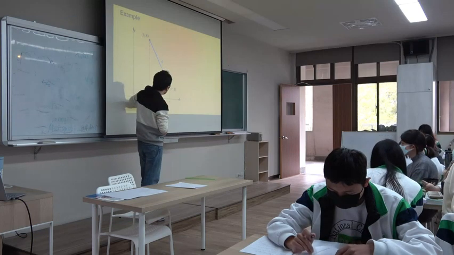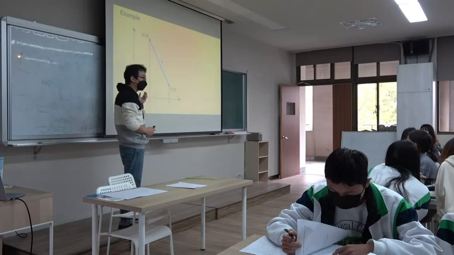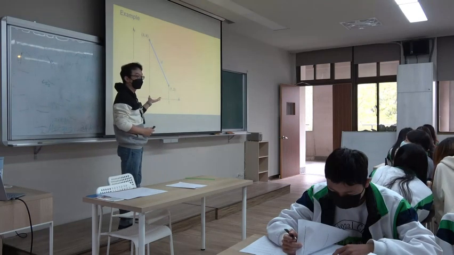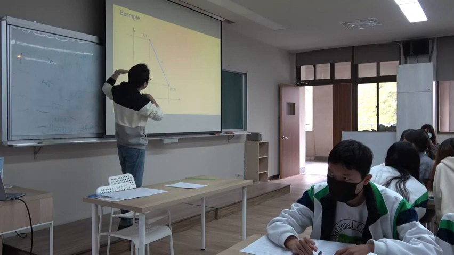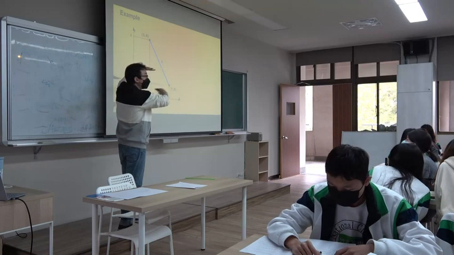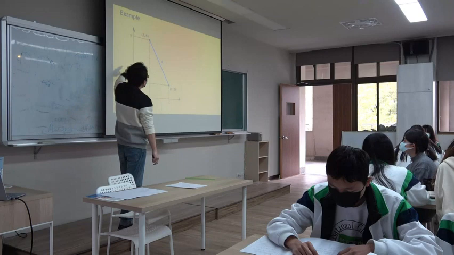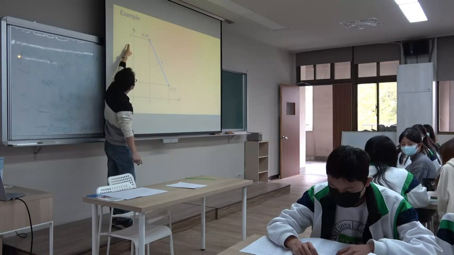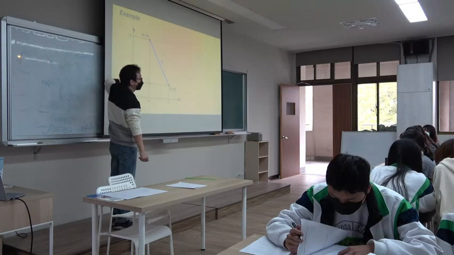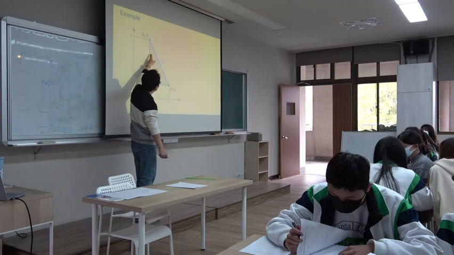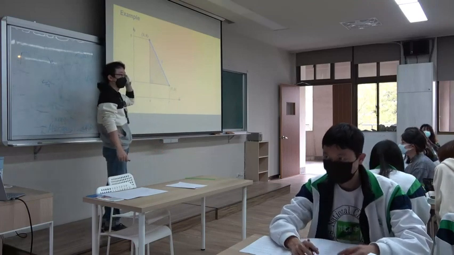Okay, and here are the x coordinates of the 2 points. All right, and then we draw the horizontal lines passing through the 2 points, and we have the y coordinates of the 2 points, and then here forms a right triangle.